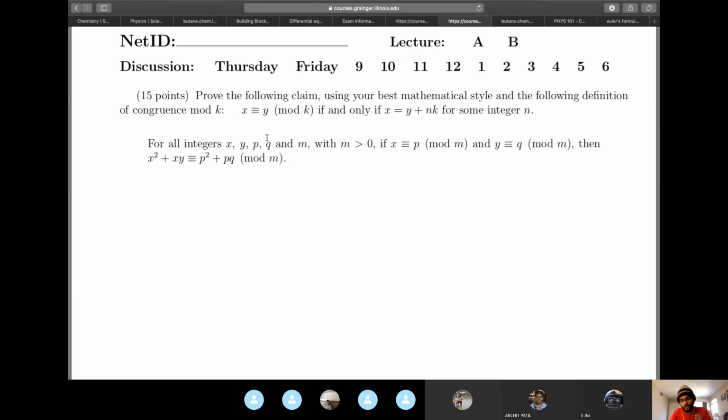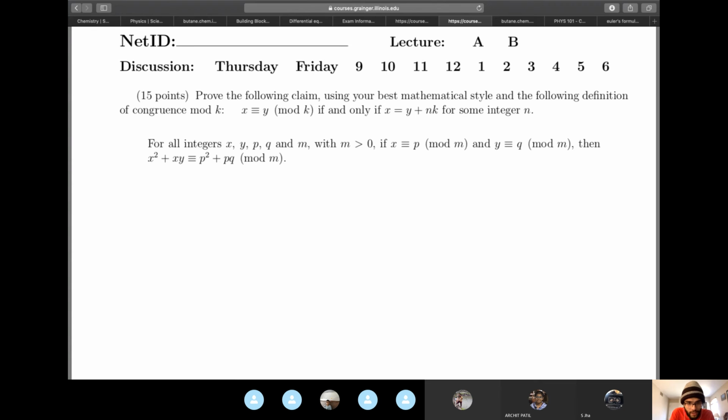Okay, let me give you another example. The number 12 and the number 22 are congruent to each other when we look at them from the point of view of 10, because 12 is 2 more than a multiple of 10 and 22 is also 2 more than a multiple of 10.